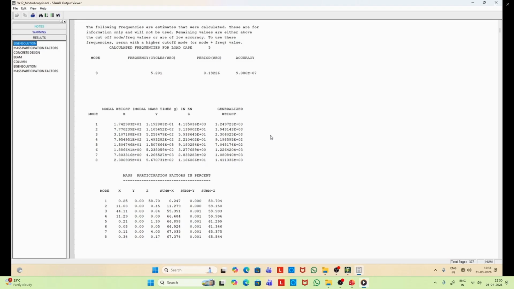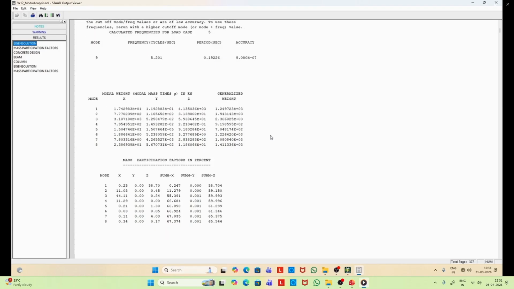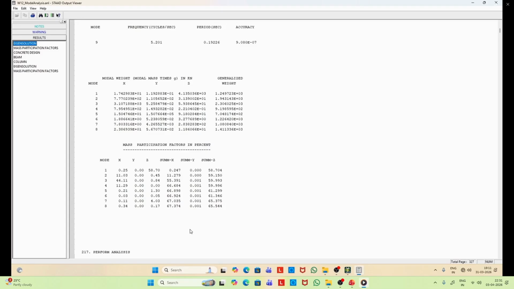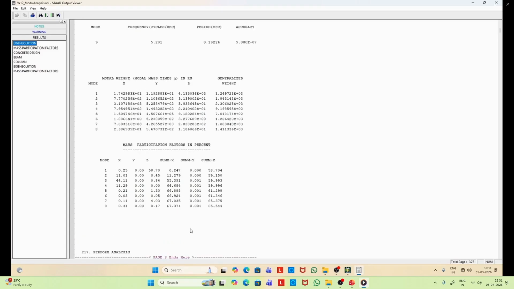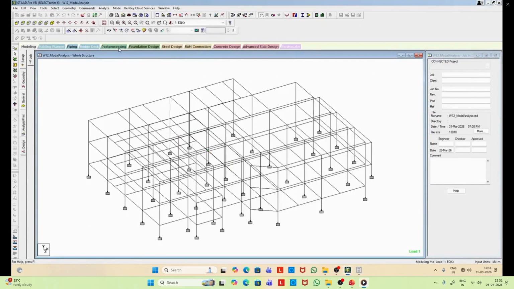Recall the modal mass we defined after we decouple the equations of motion, and if you add all the modal mass, you will get 100% of the mass. But here you can see with the 8 natural frequencies that we have listed here, we have up to 67% of the modal mass.